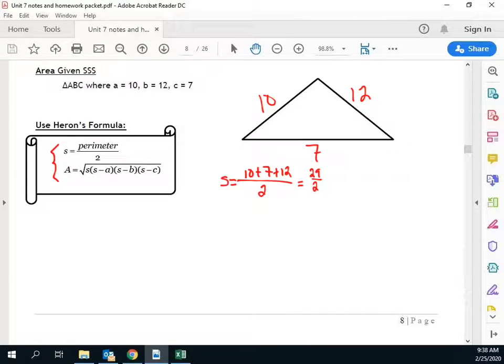The area says take that value you just found, and now you have 4 things you're multiplying.